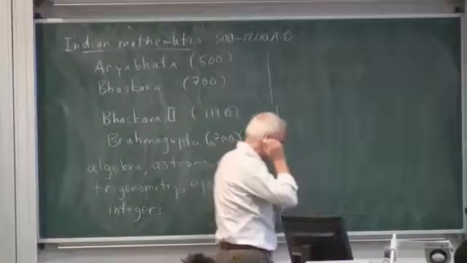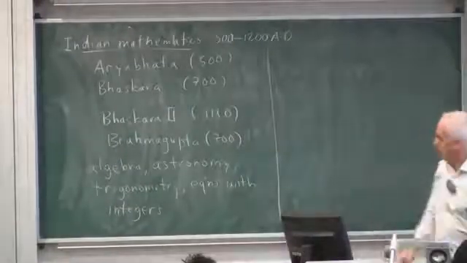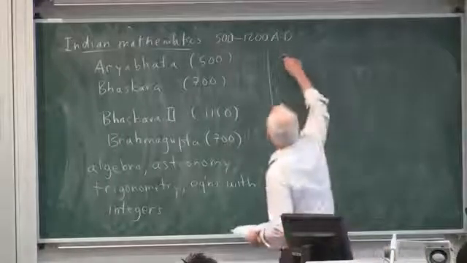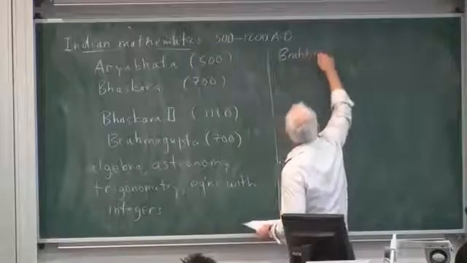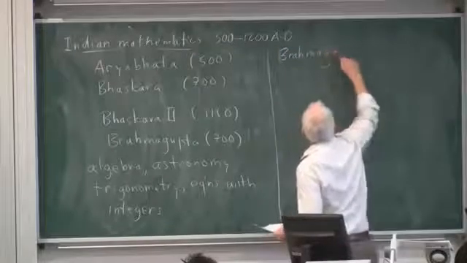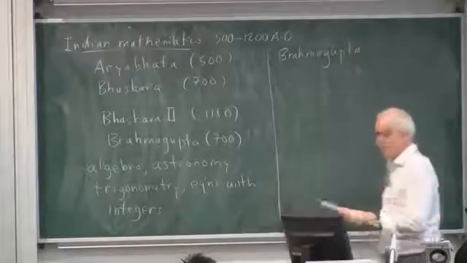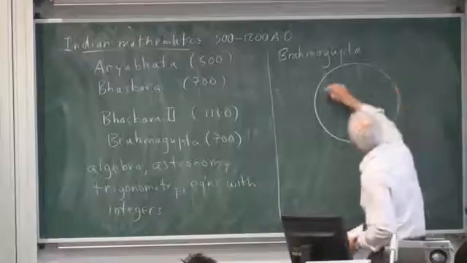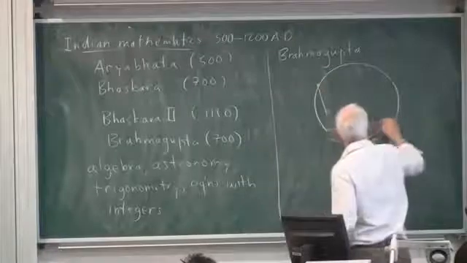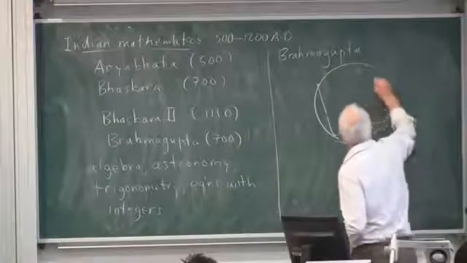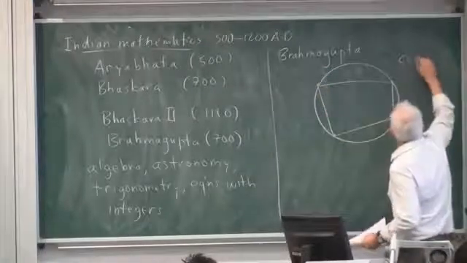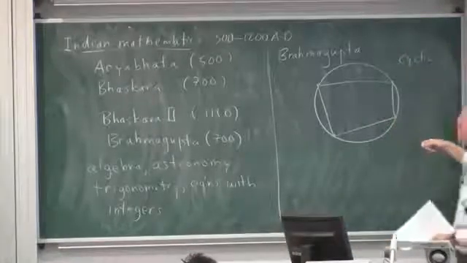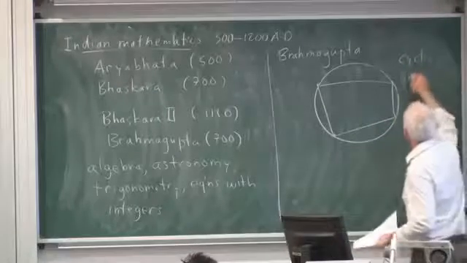So first of all, let's talk a little bit about geometry. Brahmagupta discovered some beautiful formulas relating to quadrilaterals that live on a circle, so-called cyclic quadrilaterals. Not all quadrilaterals live on a circle. The ones that do are special. They're called cyclic quadrilaterals.